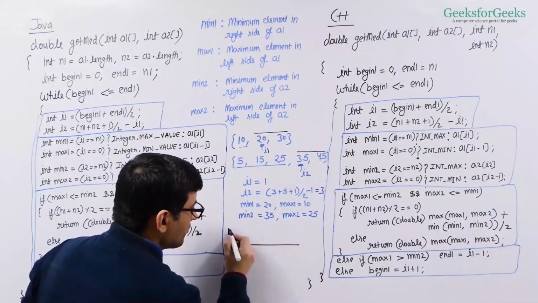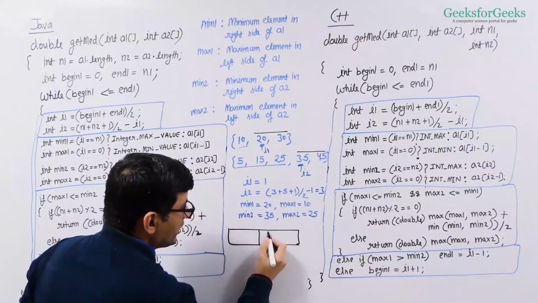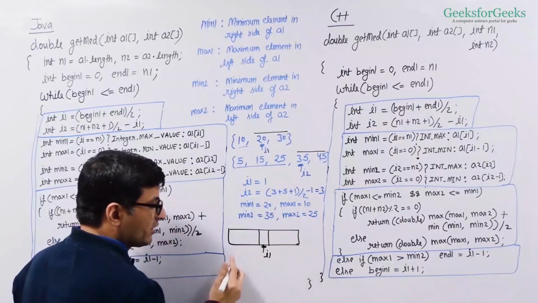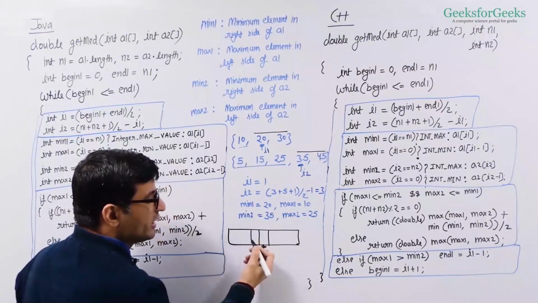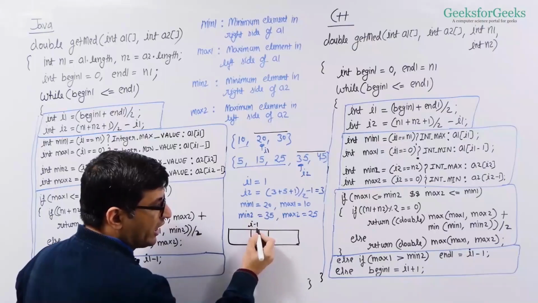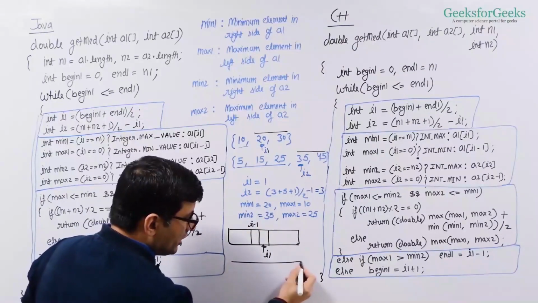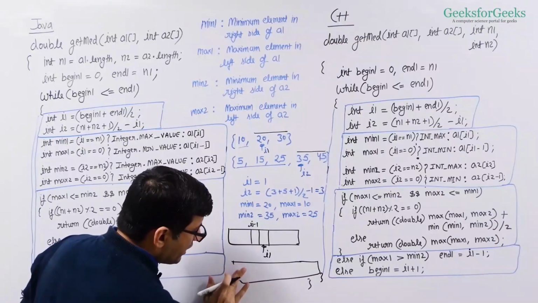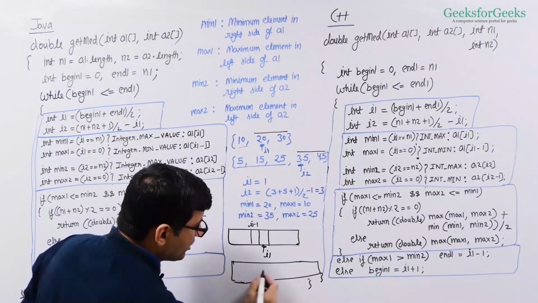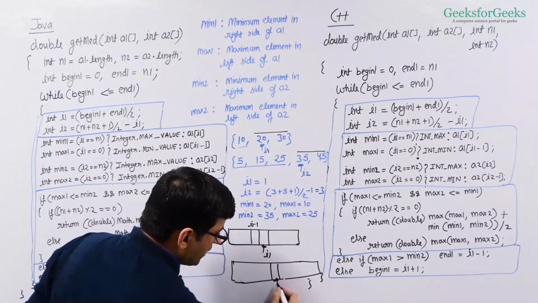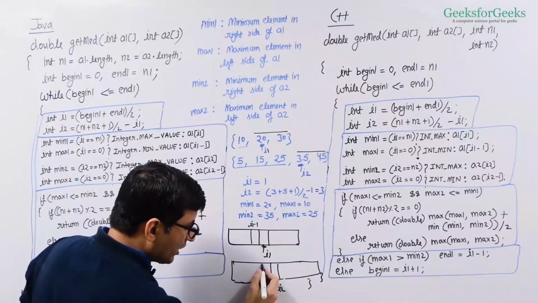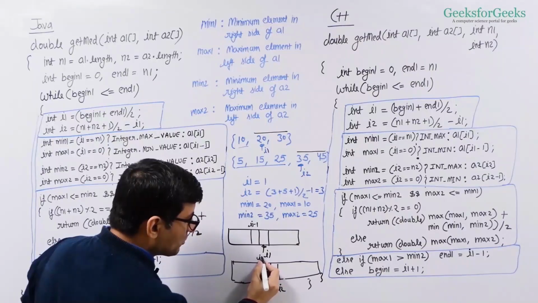You have two arrays A1 and A2, right? And then you have an index I1 that tells you the beginning of the right side, and I1 minus 1 is the index of the end of the left side. In array 2, which is probably of the larger size, you again have an index I2, and this is the point where your right side begins. On the left side, you have I2 minus 1.